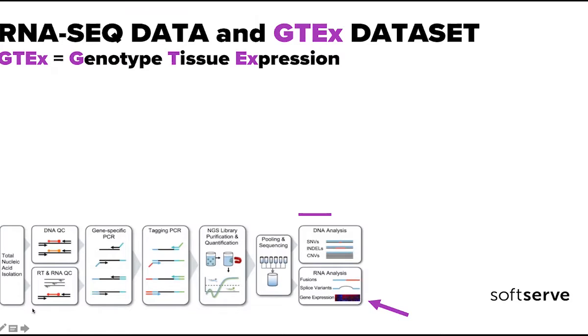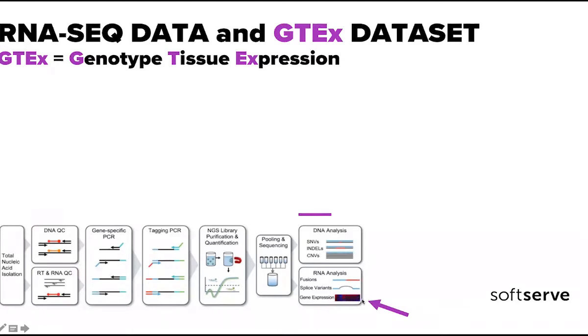So you first have some kind of biomaterial, then there is nucleic acid isolation happening, then we have some gene-specific PCR, then there is the process of next generation sequencing that is very often used right now. And in the end, we have the RNA. And one of the outcomes of this analysis is gene expression data.